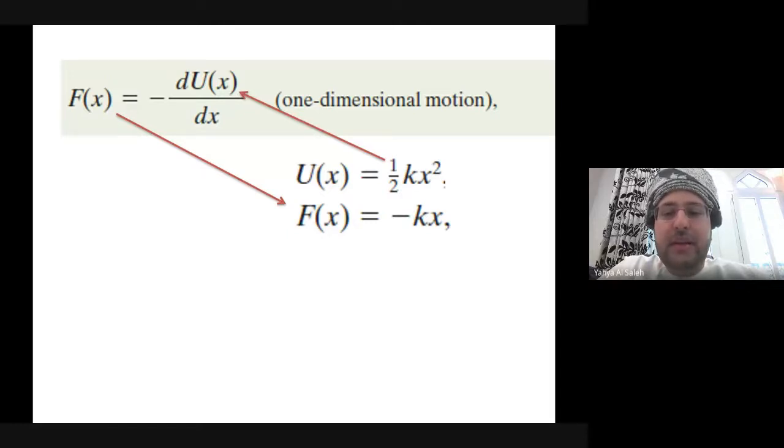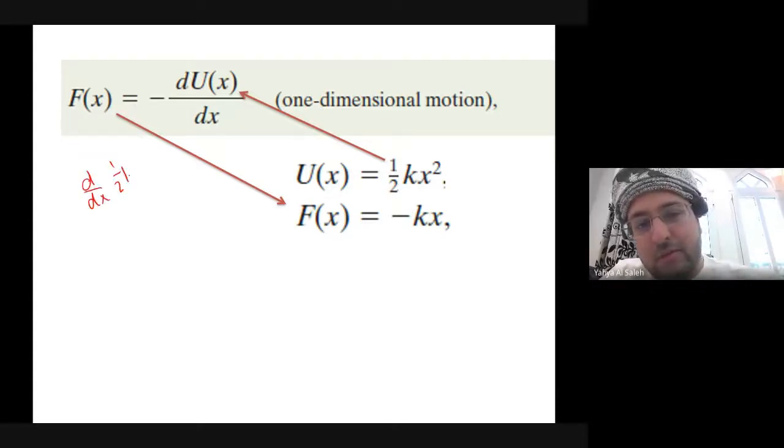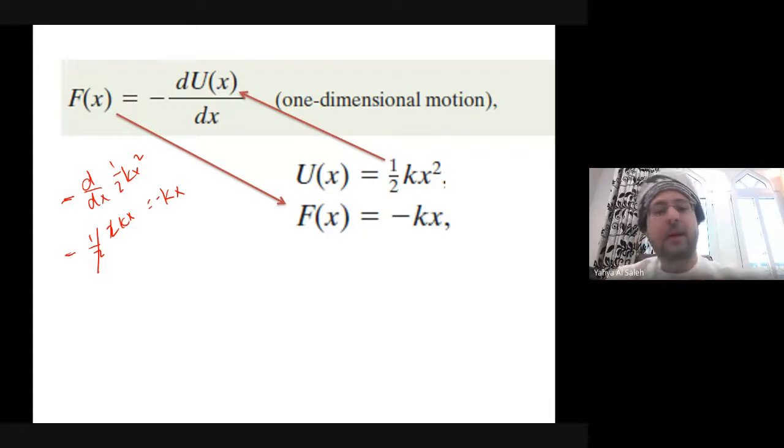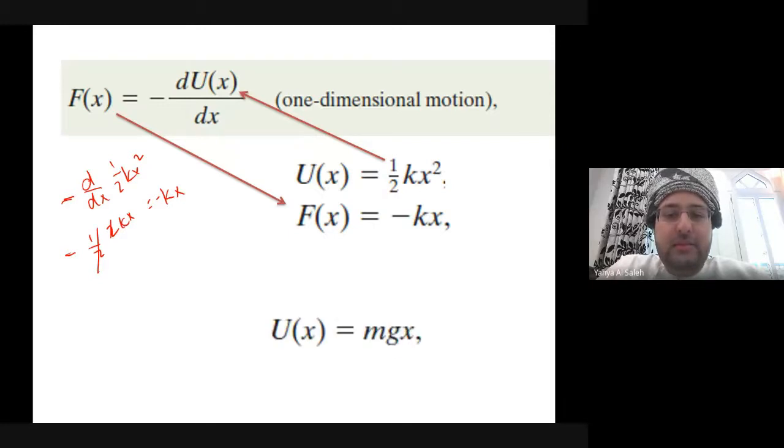Well, d by dx of half kx squared will give me half 2 kx, the 2 cancels, and I get kx. I have a minus sign here, so minus kx. And this is what we know our force for springs is: F equals minus kx.